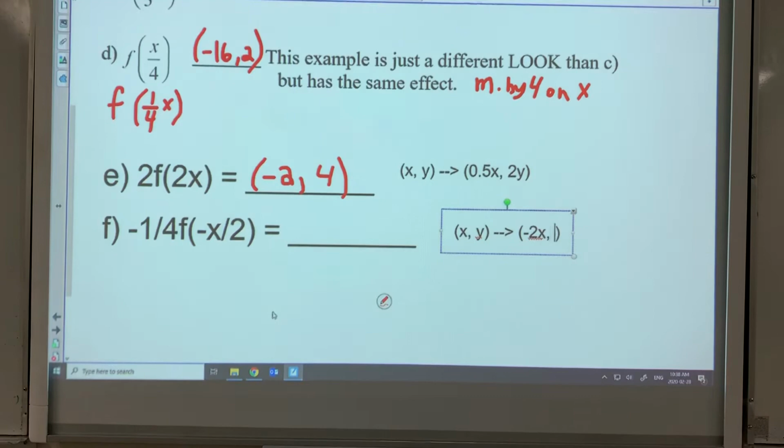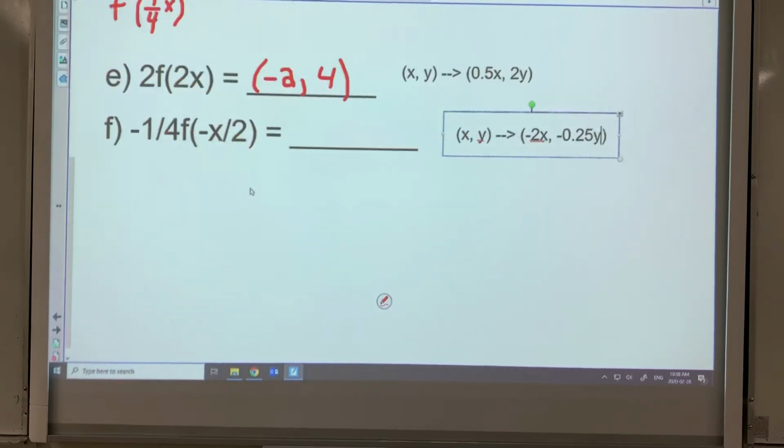And the y value is getting multiplied by -1/4. So that's a really busy one. So you're going to go -0.25y. So what's your point? -4, 2. So -4 times -2 gives me +8.